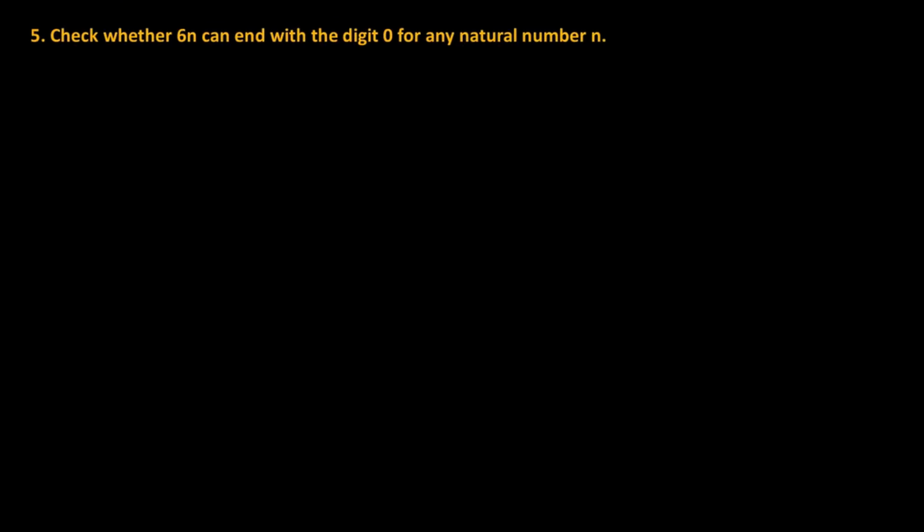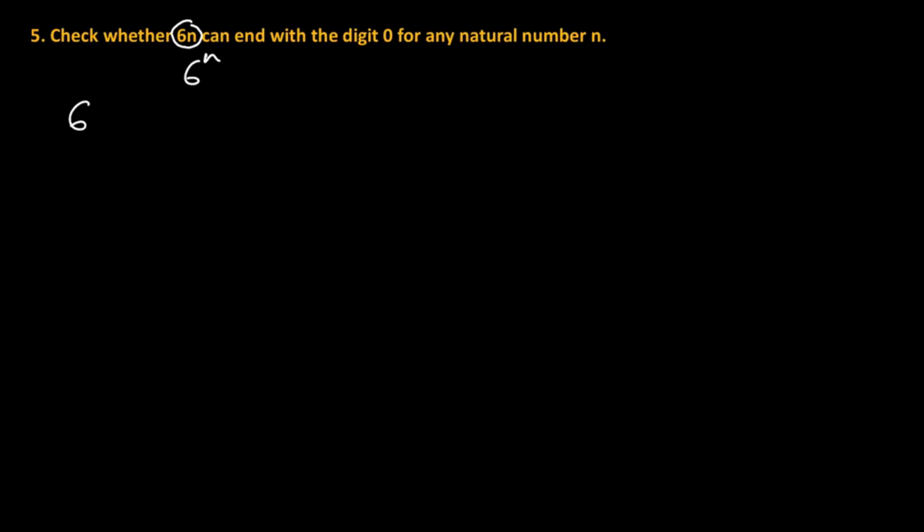Sorry, it is a mistake. So just change it to 6 power n. Check whether 6 power n can end with the digit 0 for any natural number n. To end with 0, it must have factors 2 and 5.